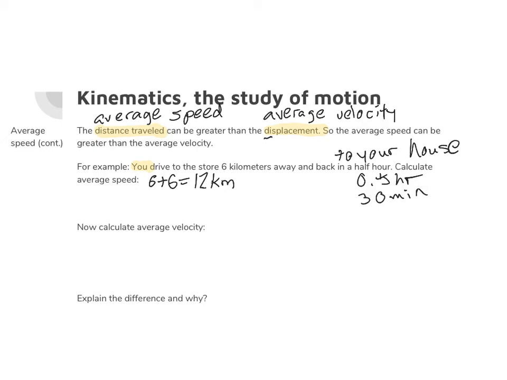We are using our displacement. Go ahead and think about that and calculate that. Now, explain the difference between these two values, what caused them to be different, and explain why.